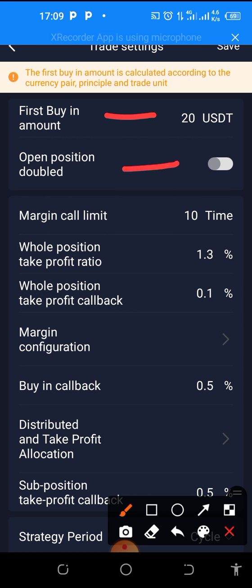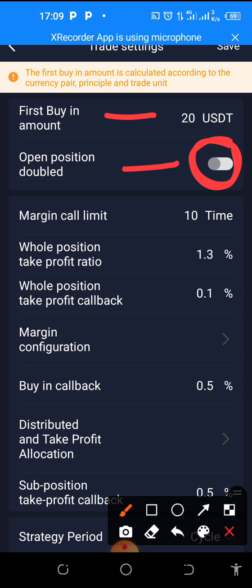The open position double means whatever amount you choose, if this is active, it's going to be doubling that amount and even subsequent amounts in your margin calls. So we don't want to do that except you are so sure and you have enough funds. We are not going to be using this open position doubled in most cases here.